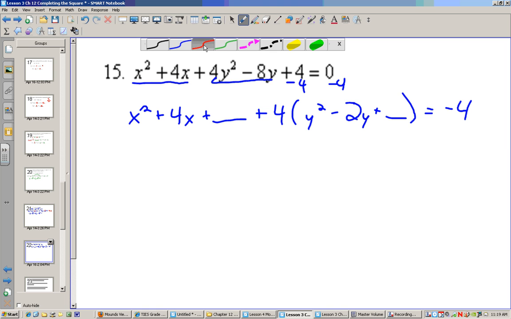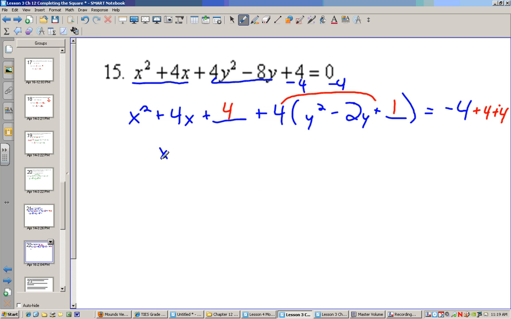Now, here I'd have to fill in a 4, and I'd have to fill in a 1 to make these perfect squares. So this would be adding 4 more, so I'll add both of those 4s in. So now this is x plus 2 squared plus 4 times y minus 1 squared equals 4.